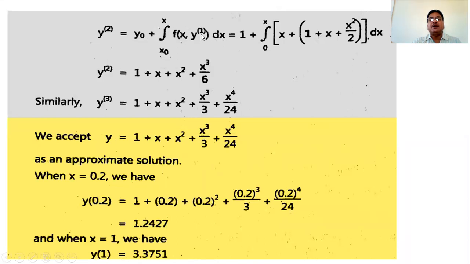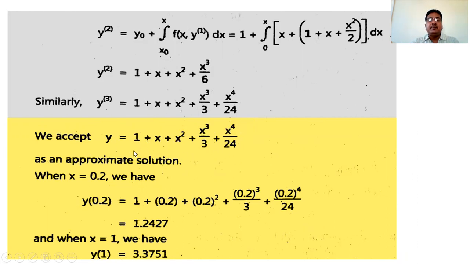Substitute y as y2, and then we have this answer after integration and finding the value at the upper limit and the value at the lower limit. And we stop here after the third iteration, or find one more iteration, two more iterations.